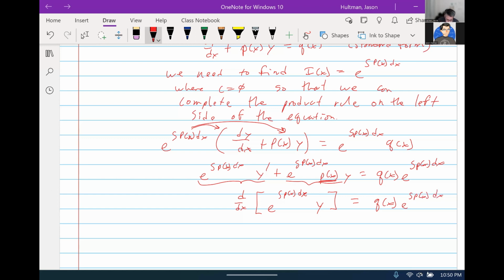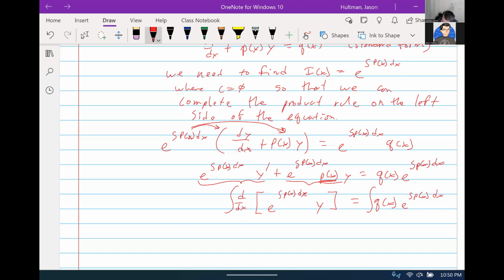And then what would happen if I integrated both sides here? I would get the integral of this and the integral of this. Okay.